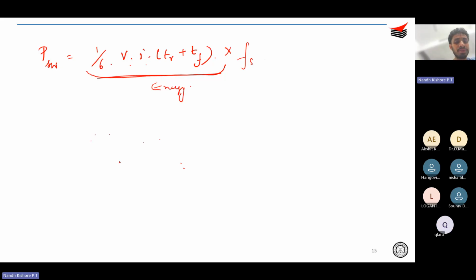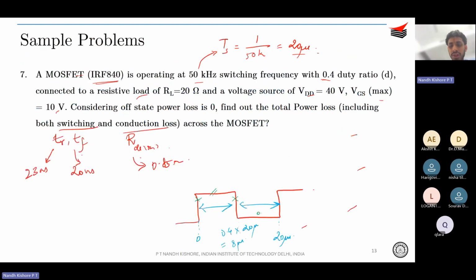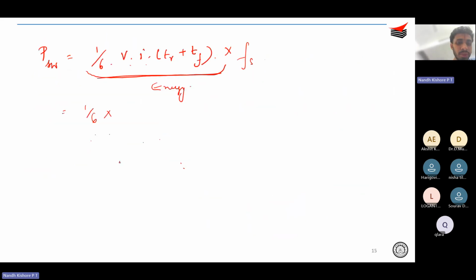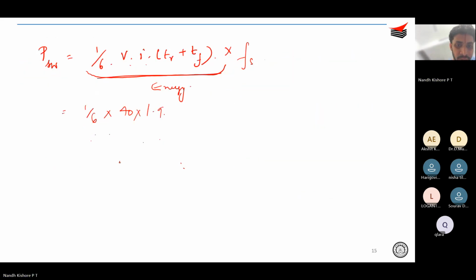So what is this value? 1 by 6 into what is your V? V is 40 volt because the MOSFET will essentially block 40 volt when it is in off state. So it is 1 by 6 into 40 into capital I we computed, 1.918, into TR plus TF, right?